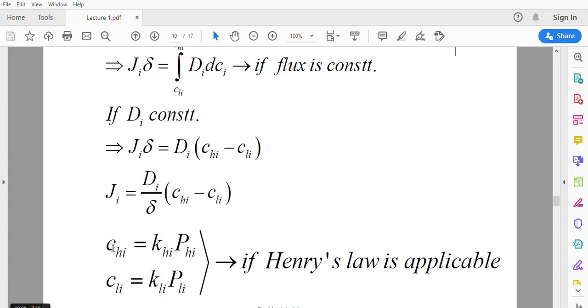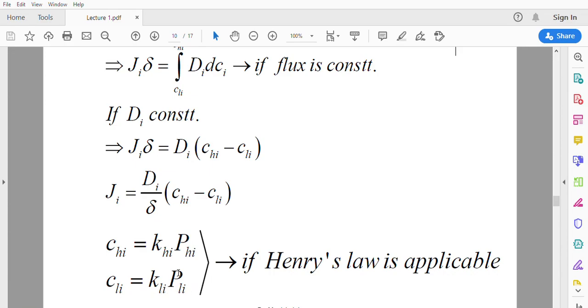So here Chi can be written as Chi equal to Khi Phi, where Phi is the partial pressure of component I at the high pressure side, and Khi is the Henry's constant at the high pressure side. Similarly you can write CLI equal to KLI multiplied by PLI.